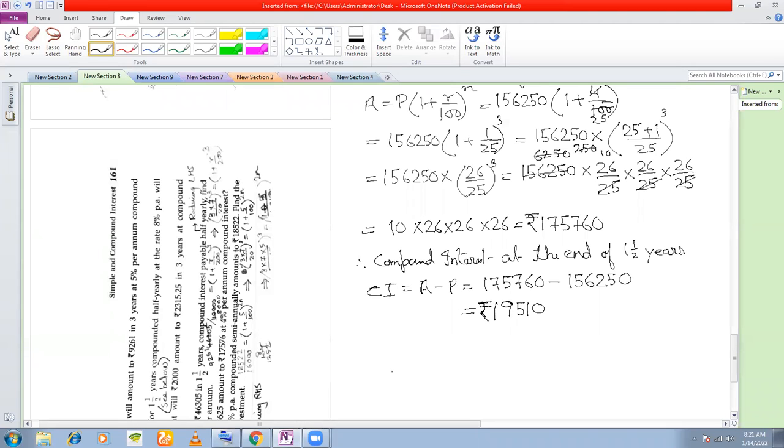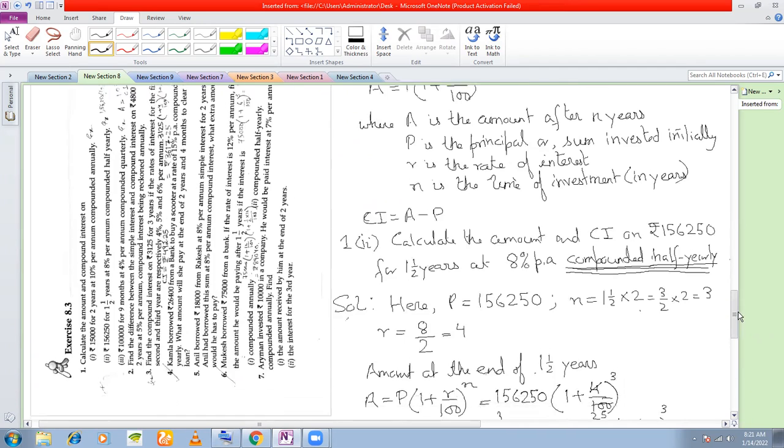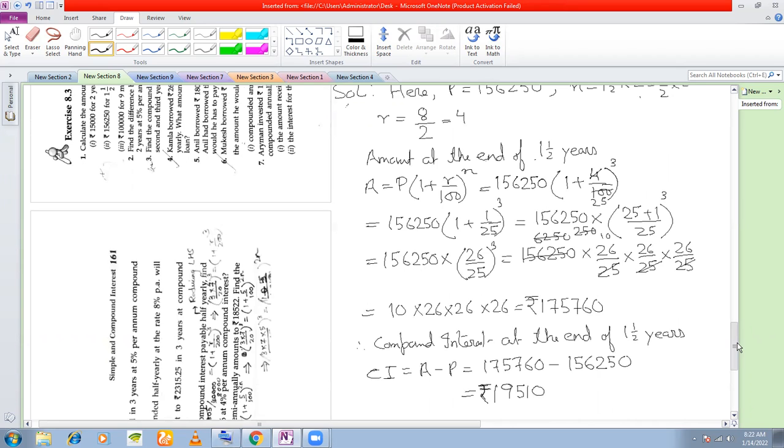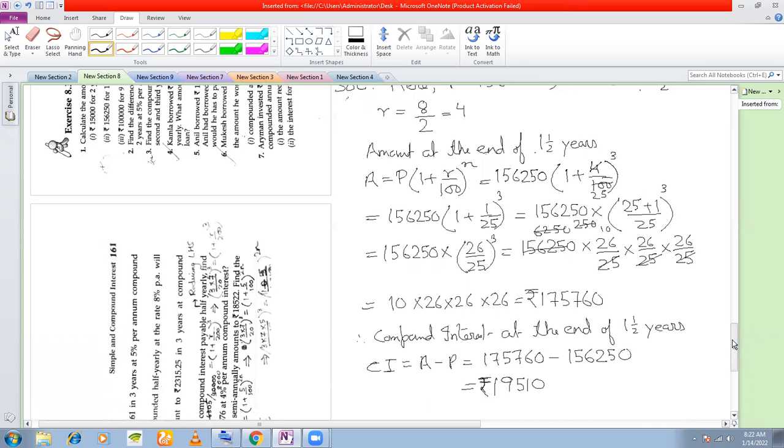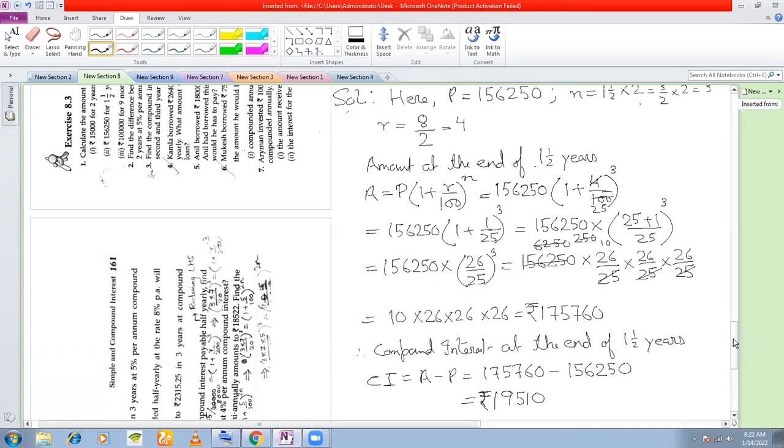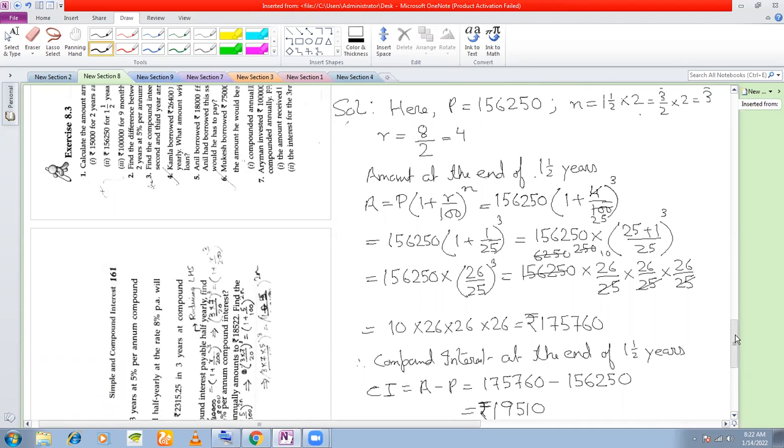Okay. Fine. Now tell me your question. Yes, sir. If the 1.5 year is in the normal compound interest, annually compounded, then how will we make that power?